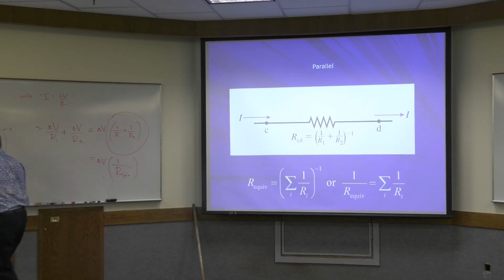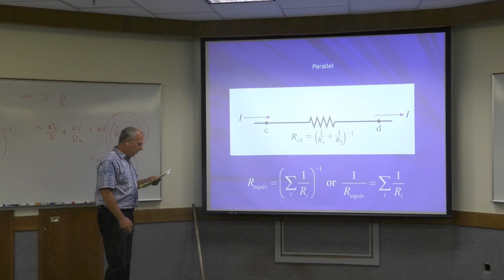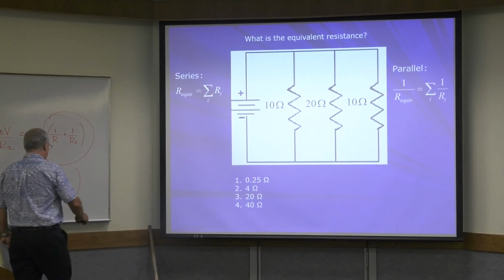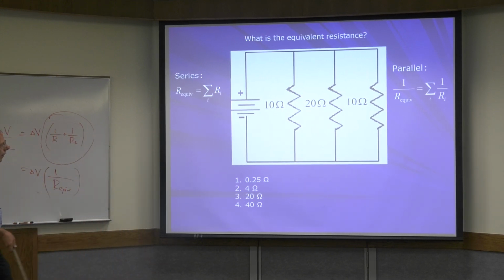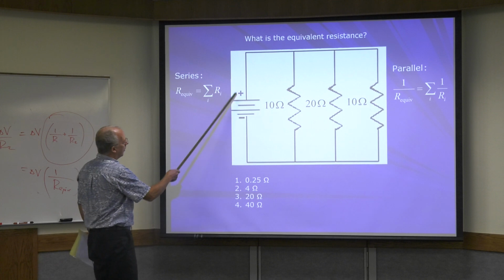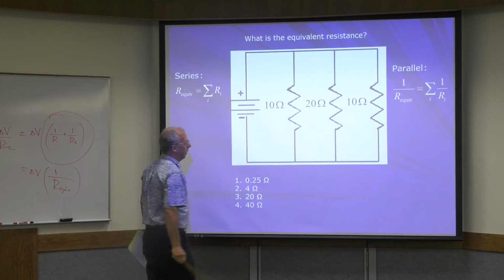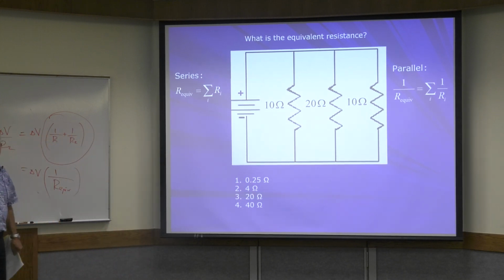Okay, so here's your chance to see if you know how to use these equations. Here's a bunch of resistors. This is a circuit diagram, right? Here's your battery. I don't care about the volts because we just want to find the equivalent resistance. So the first thing you have to do is ask yourself, is this series or parallel?